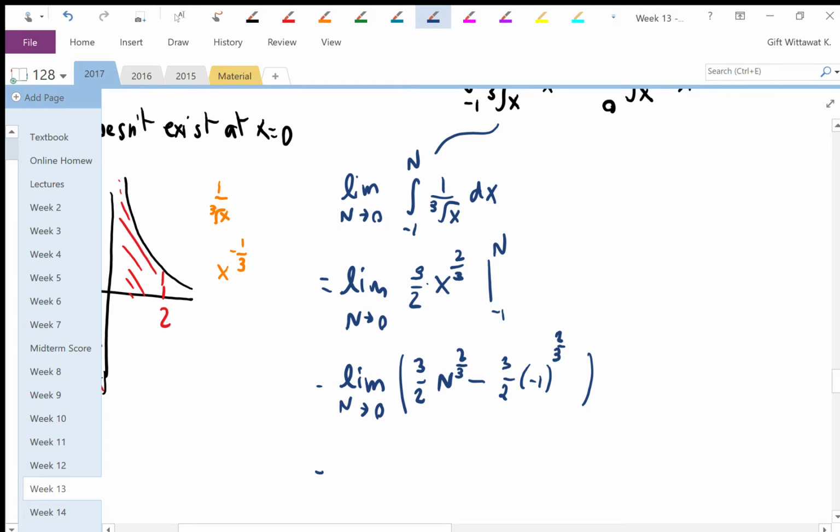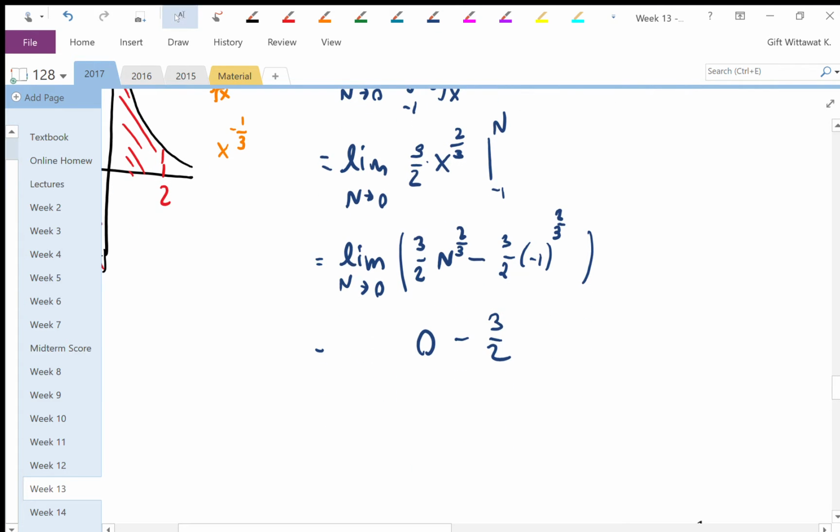What is the limit of n to the 2/3 as n goes to 0? n to the 2/3 is like the third root of n squared, so the third root of 0 squared is 0. And negative 1 to the 2/3 is going to be 1. So that's going to be negative 3/2. This thing is just negative 3/2.